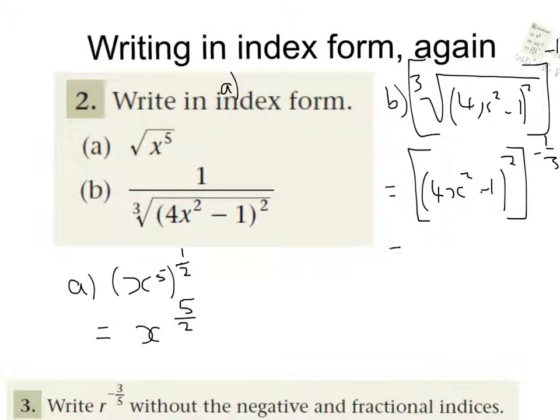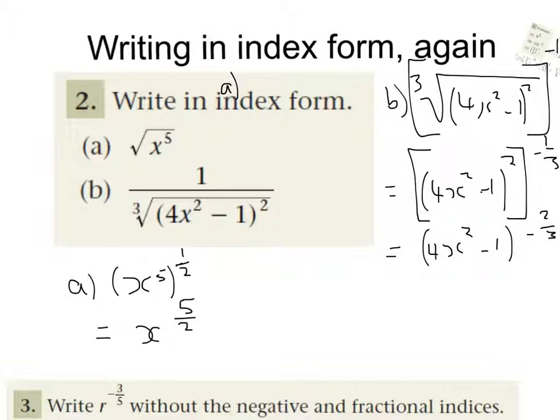Now I've got an indice outside of that set of brackets, so straight away I can write 4x squared minus 1, and that's going to be to the power of -2/3. And I could factorise this question. It is what you call the difference of two squares. However, they haven't asked you to do it, so you don't need to. And that's question 2 done.